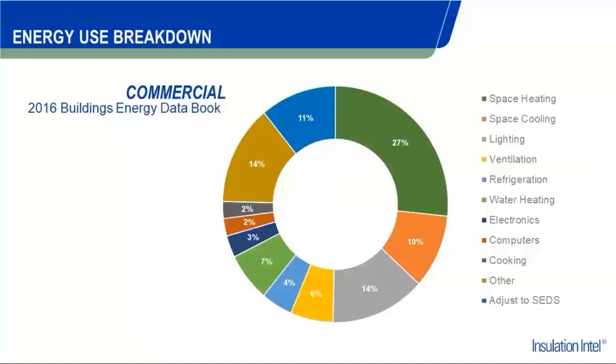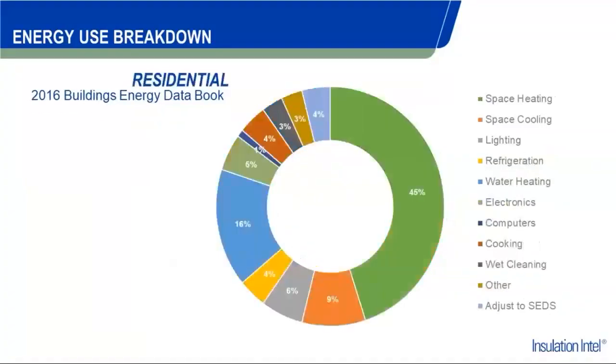In the commercial realm, around 36% of the energy is used for space heating and cooling for comfort levels. Residentially, you'll notice that the same space heating and cooling takes up about 50% of the energy being produced that we utilize in our buildings.